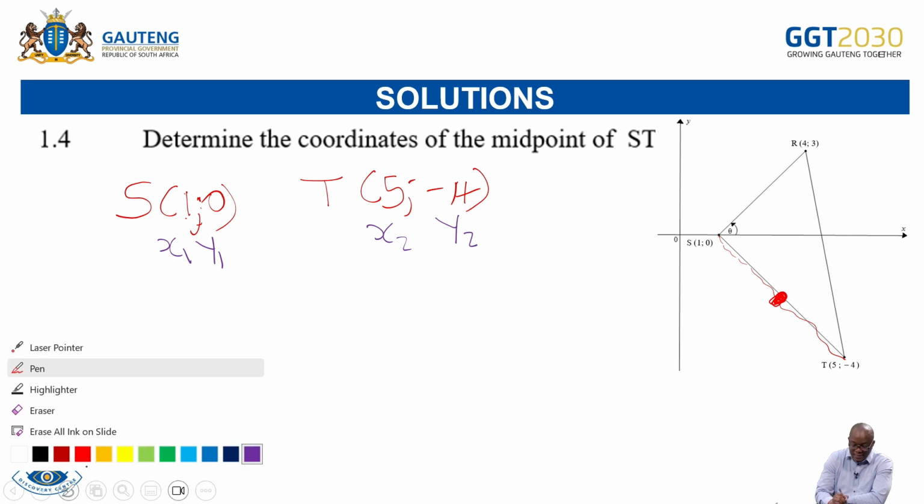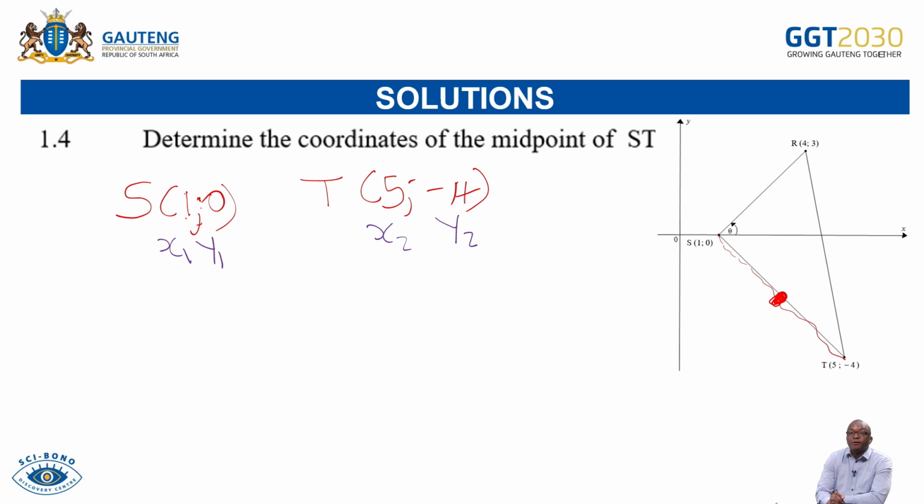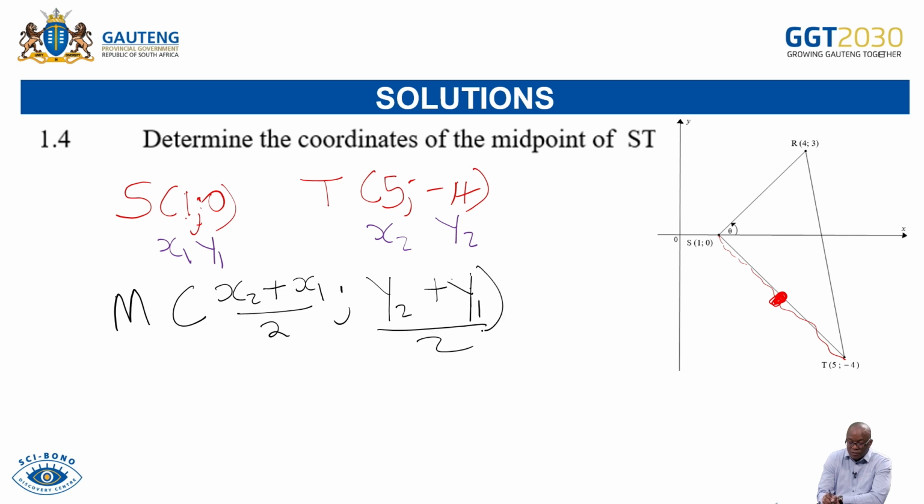Then you go and identify the formula for midpoint in your information sheet, which is M equals x2 plus x1 all divided by 2, and y2 plus y1 all divided by 2. So learners, please be careful. Don't cram these formulas.